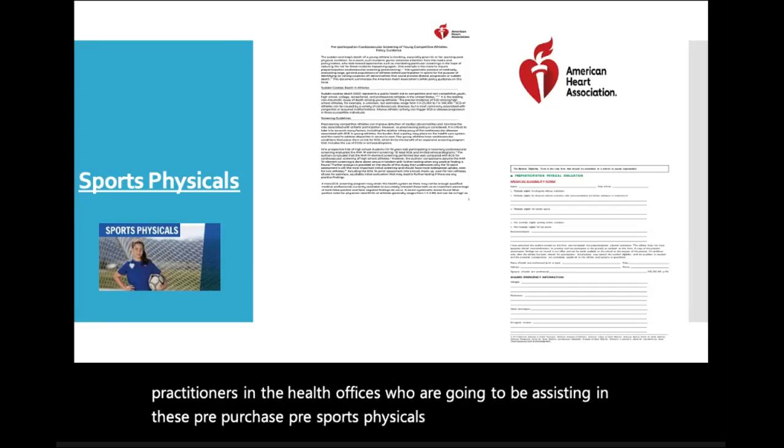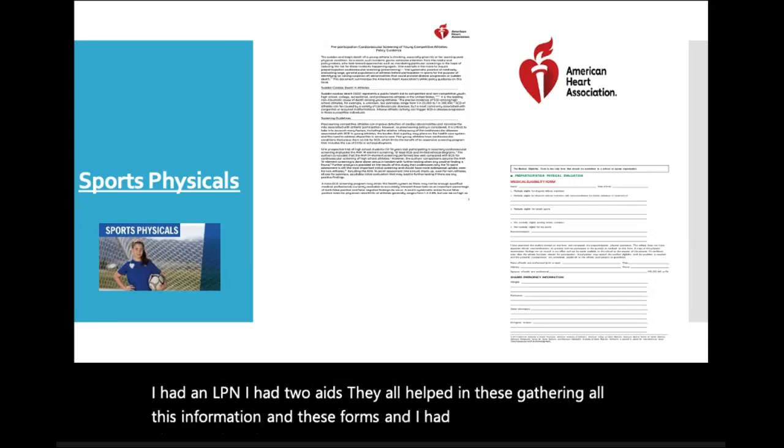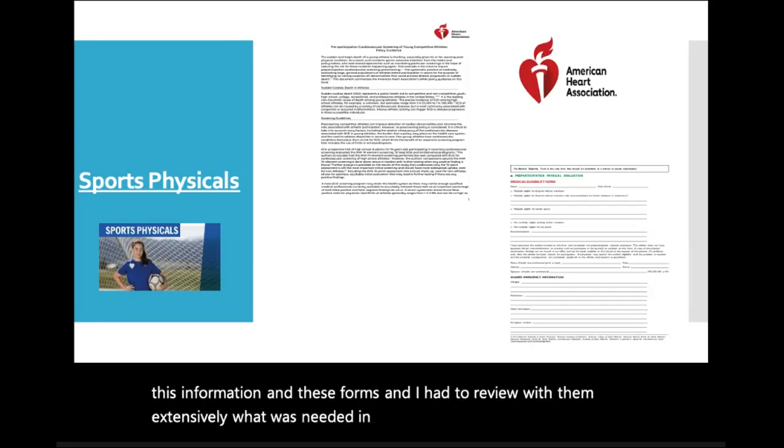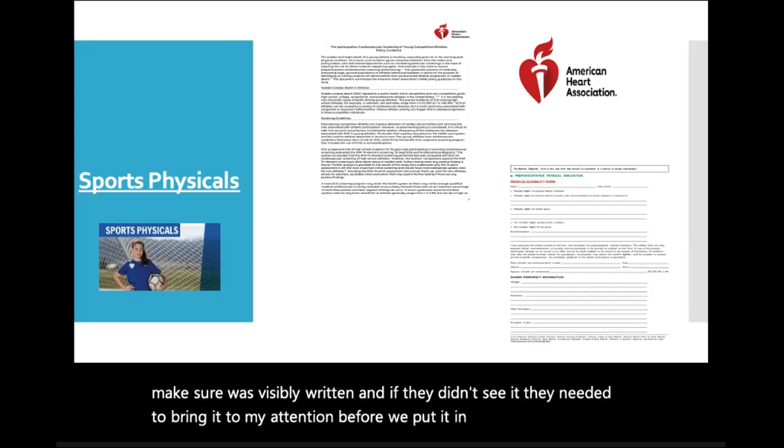So I had an LPN, I had 2 aides. They all helped in gathering all this information in these forms, and I had to review with them extensively what was needed in these forms, what they needed to make sure was visibly written, and if they didn't see it, they needed to bring it to my attention before we put it in the clear pile, so to speak.